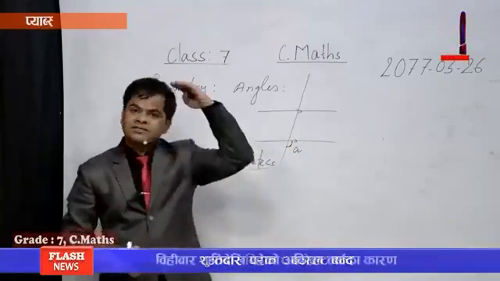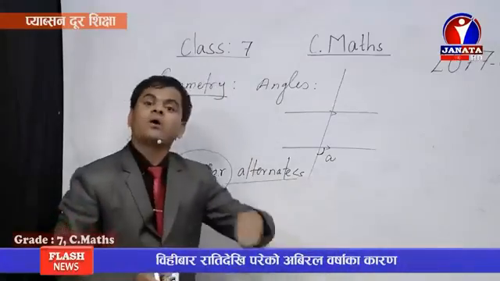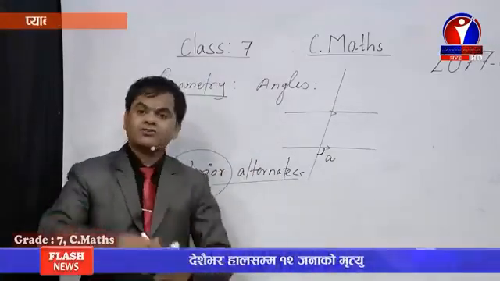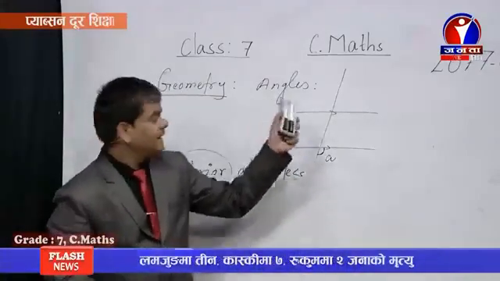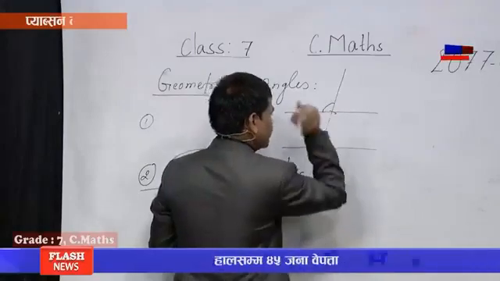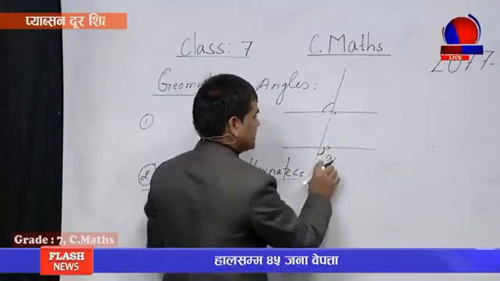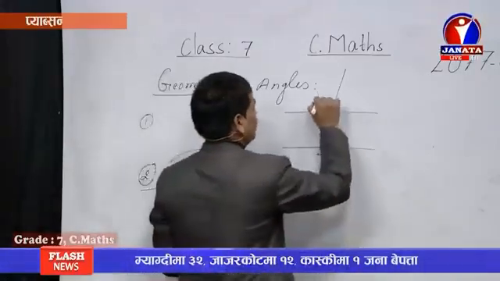Now see another alternate angle outside of the upper parallel line, but alternate means what? If one is on the right hand side, then another should be on the left hand side. So outer, outer. One is on the right hand side, another on the left hand side. So this one will be B.